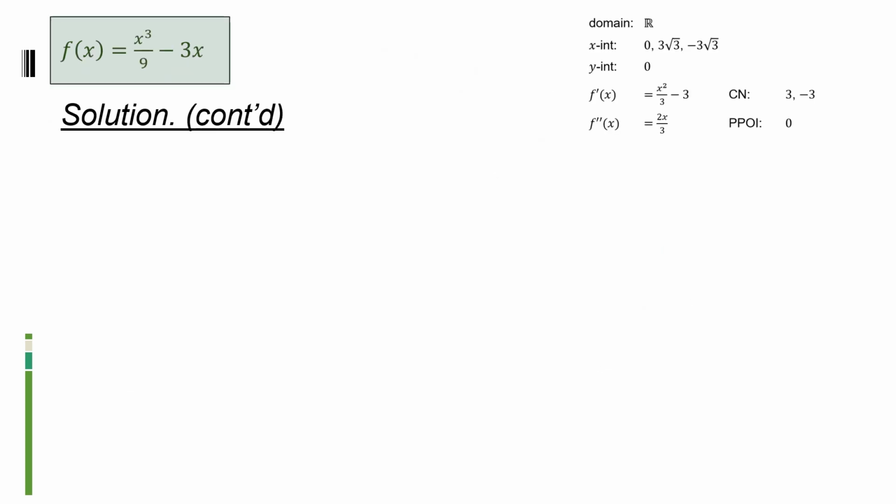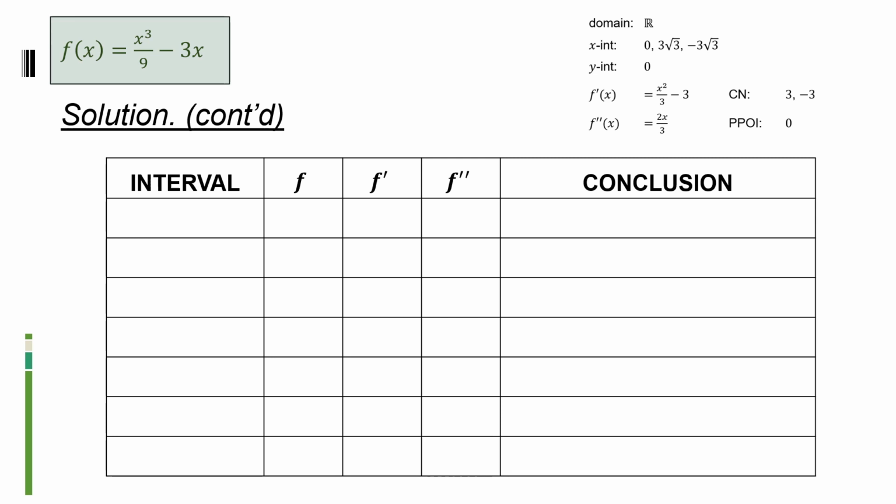Now, using that information, gagawa tayo ngayon ng table. Okay, like this. So, note that meron tayong mga endpoints dito, the critical numbers and the POIs. So, yan yung magiging endpoints ng intervals natin. So, first is, we have from negative infinity to negative 3.